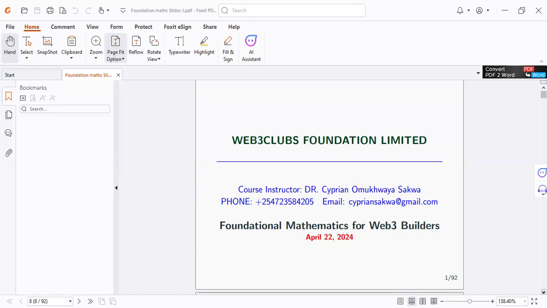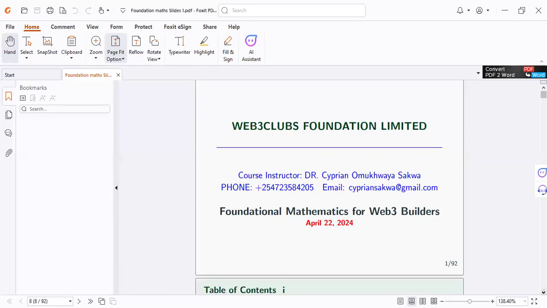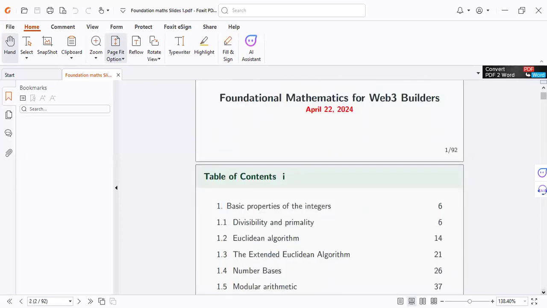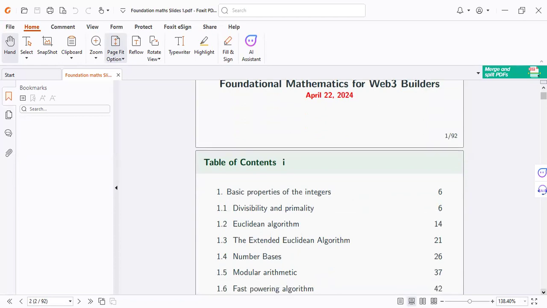Now, I already introduced myself and said that this is foundational mathematics for Web3 developers. What I intend to go through today, tomorrow, and on Thursday, I began with number theory.